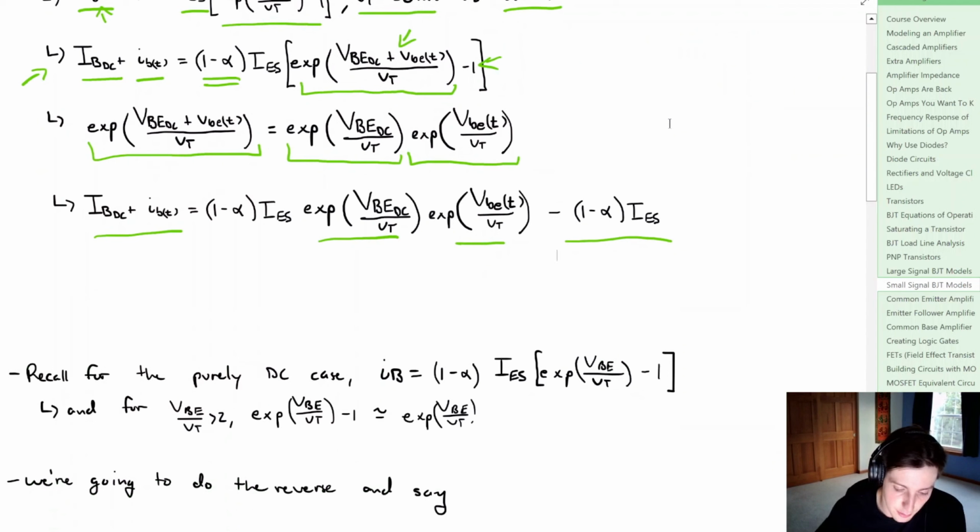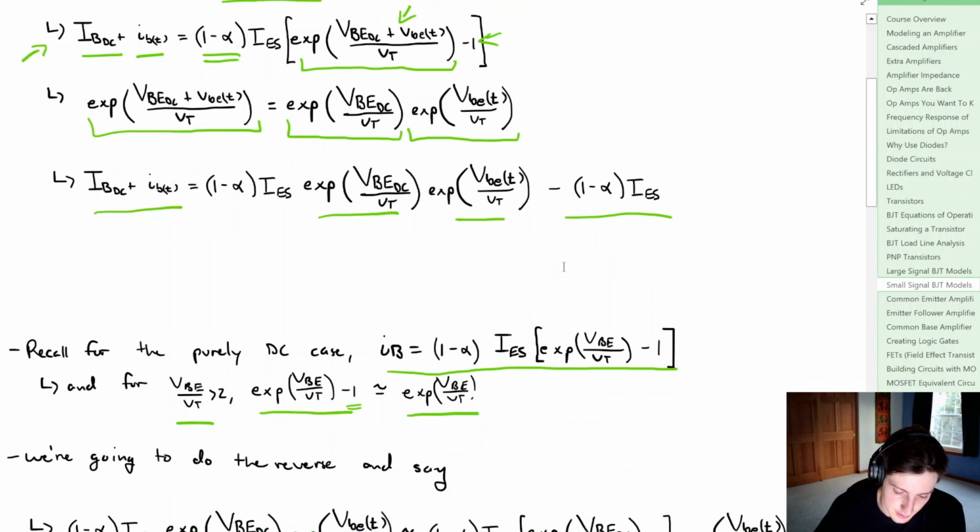Now, recall for the purely DC case, where we don't have that AC term, this is what our base current is equal to. And for VBE divided by VT, or that thermal voltage, if it was greater than 2, we made a very bold approximation that this exponential, where we had this minus 1, was approximately equal to just that exponential. So we're going to take that approximation and do the reverse now.